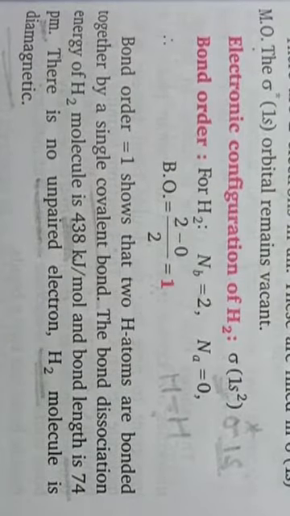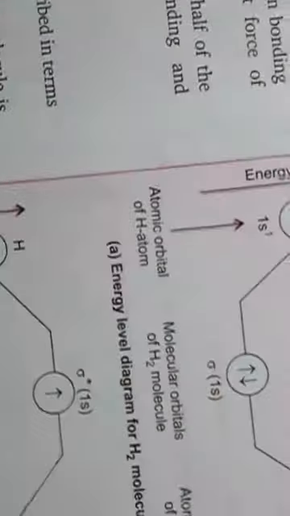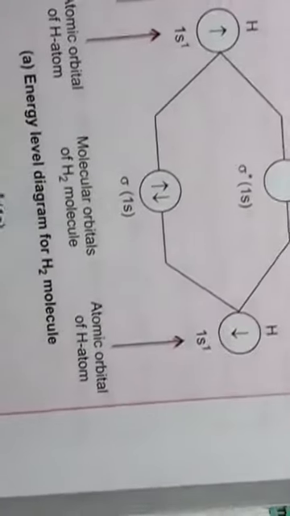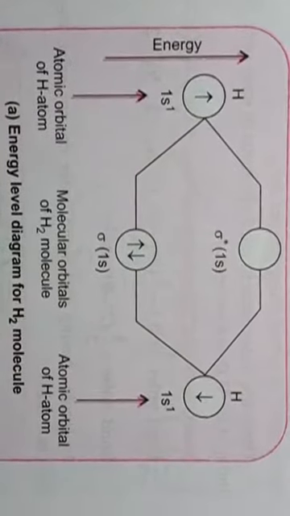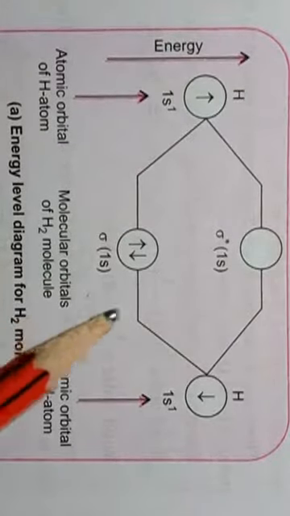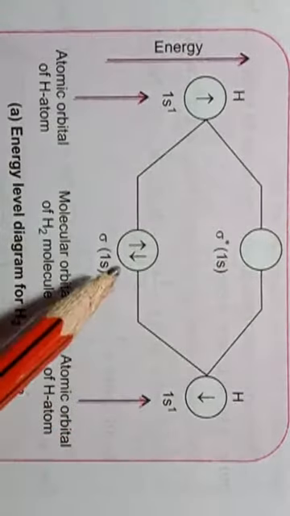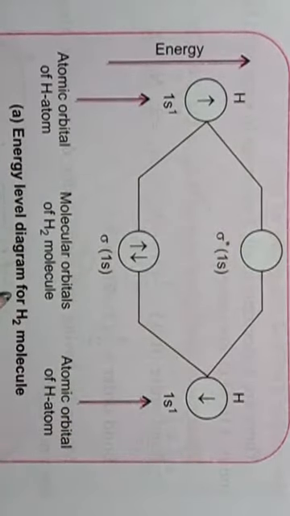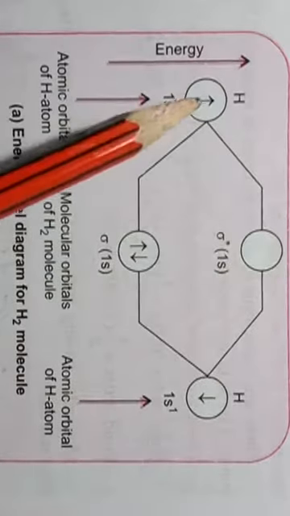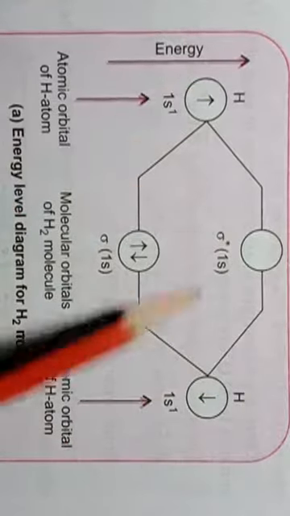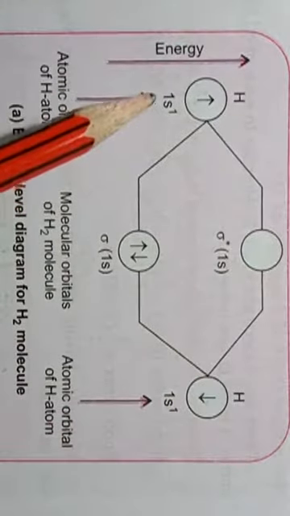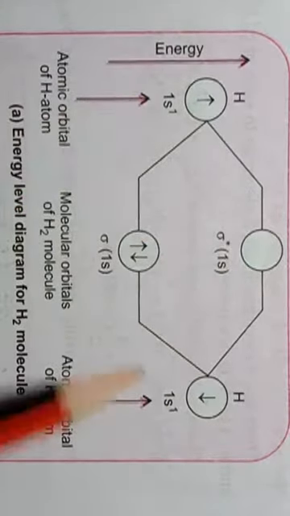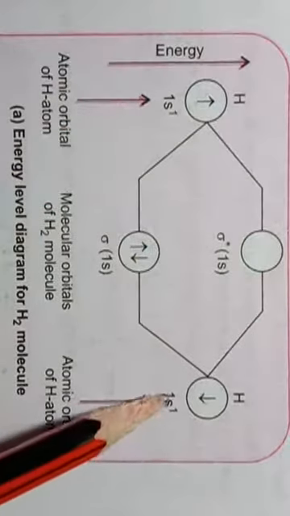Okay students, then the energy level diagram of hydrogen molecule H2. So this is the energy level diagram, and according to this diagram, this is the drawing of the energy level diagram for the H2 molecule. These two are atomic orbitals of hydrogen atoms, representing the 1s orbital with configuration 1s1, 1s1.